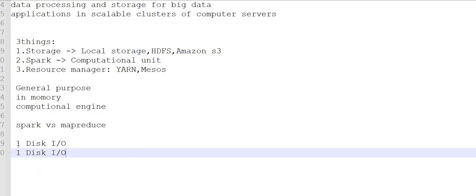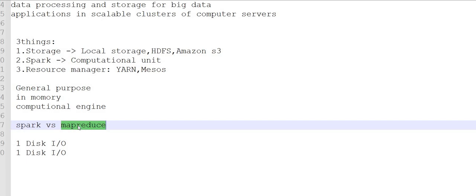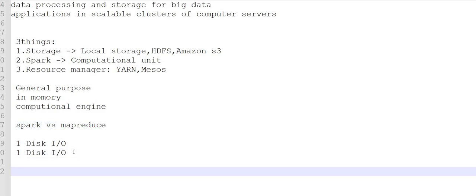So only two disk IOs are required in case of Spark. But in case of MapReduce, it takes the data for the first time, processes it, and moves it back to HDFS locations, and again it takes the data for a different operation from the location to memory, processes it and moves it back. Because of that, consider if you have five operations.